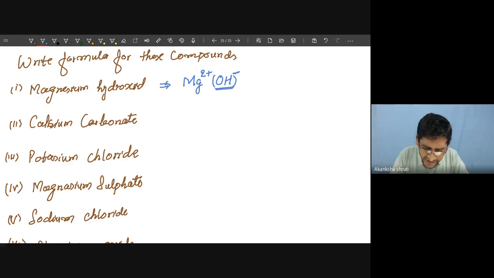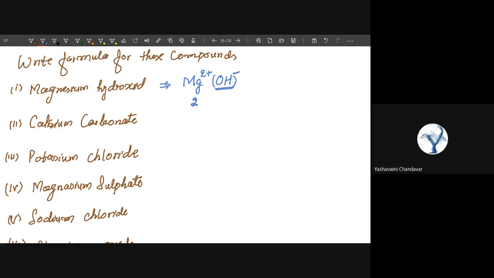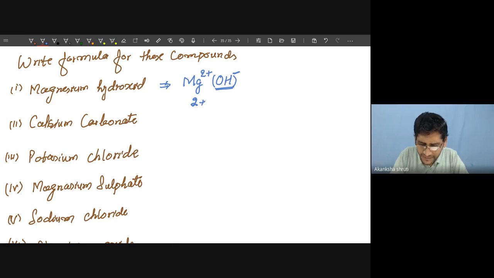Student, now write the valency below this. What is the valency for magnesium? Mg2+, means it is +2. Write the 2+ directly below it. It is our 1-. Okay. Now, student, leave the positive and negative signs.